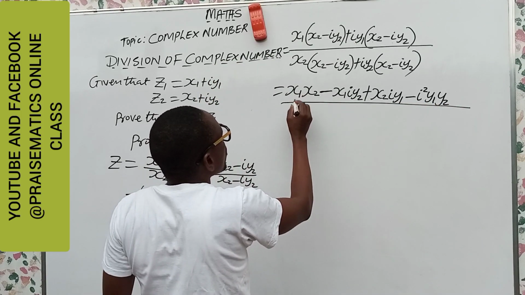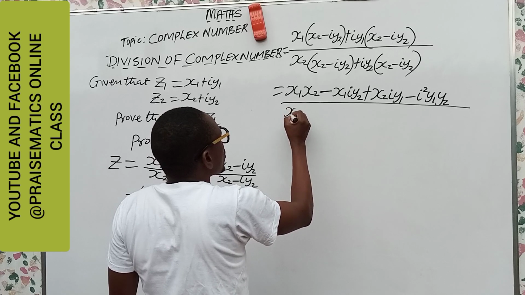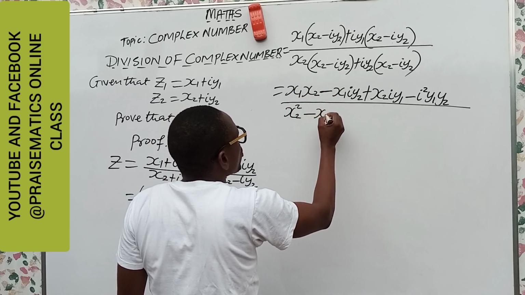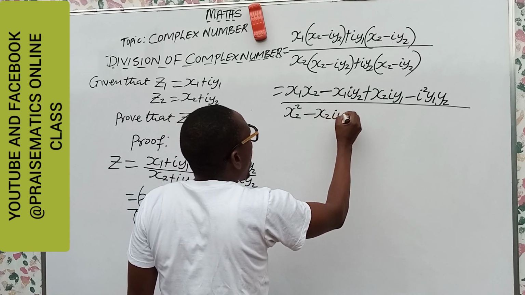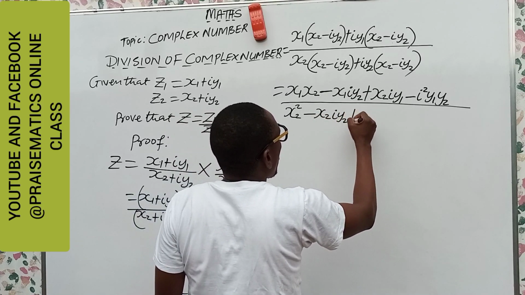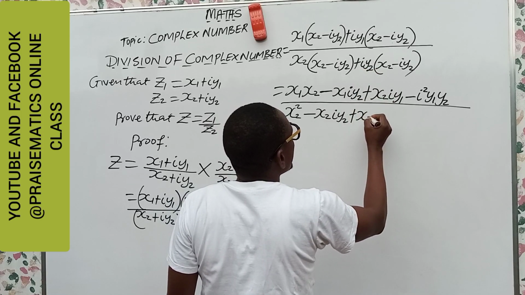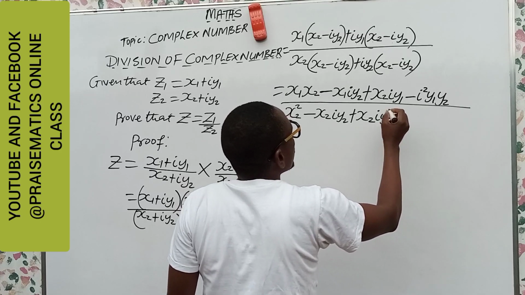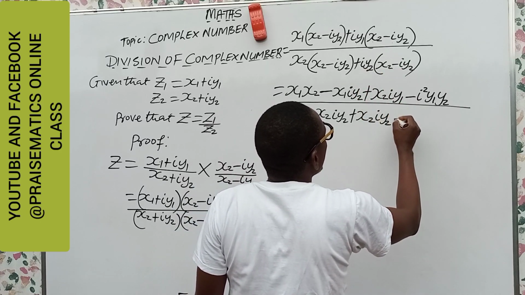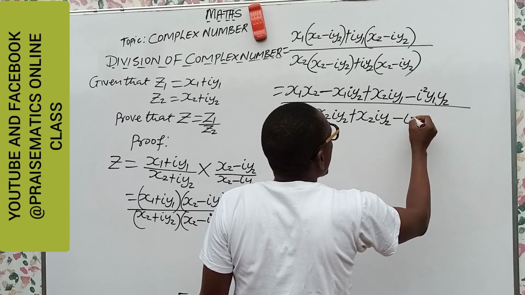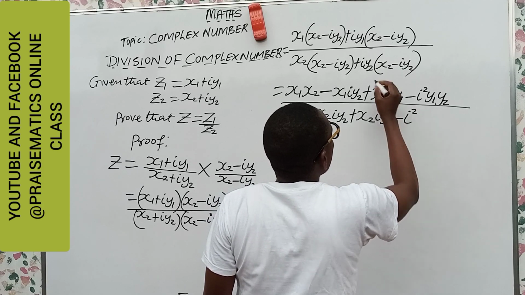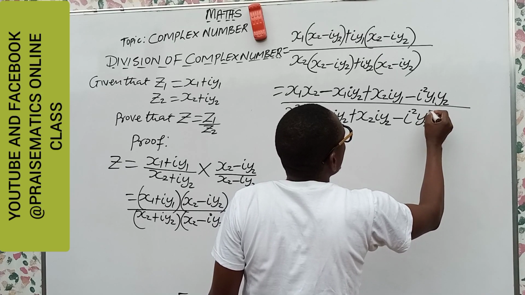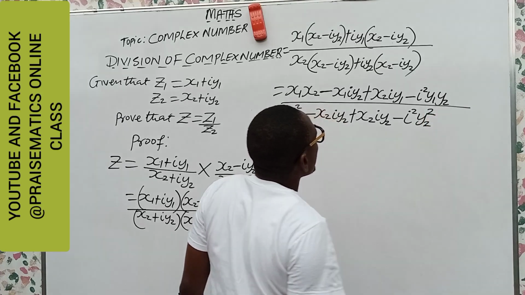Now what do we do? x2 times x2 will give us x2 square. x2 times minus iy2 will give us minus x2 iy2, plus x2 iy2. Now let's go. i times i will give us minus i square, y2 times y2 will give us y2 square.